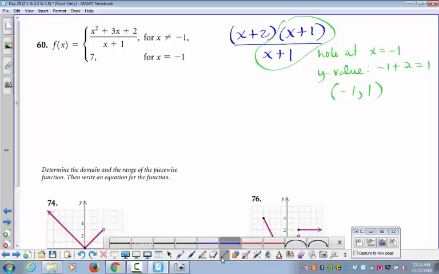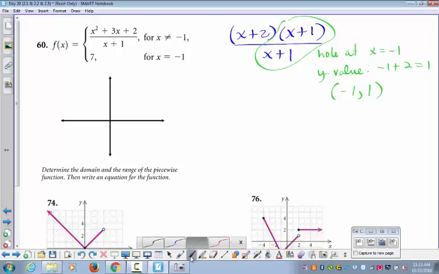All right, so for graphing this one, the graph of this piece is the line x plus 2 with 1 point removed. So we get a punctured line. So the y-intercept is 2. And the hole is at -1, 1.